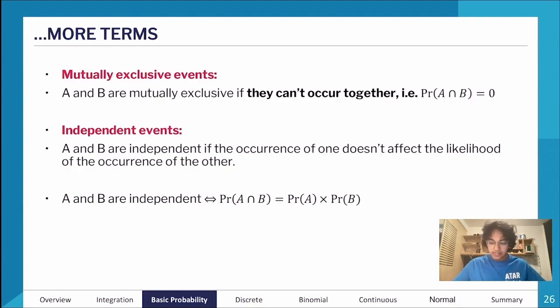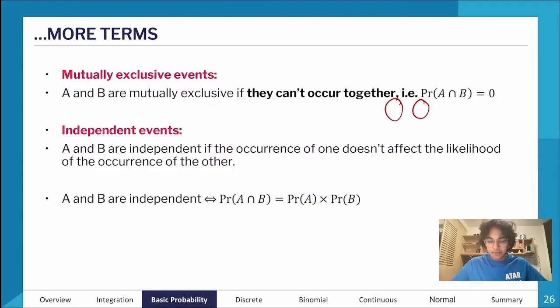For example, if that intersection is 0, so A intersection B is 0, so if I've got something like this. Independent events, on the other hand, are when one happening doesn't affect the chance of another happening.